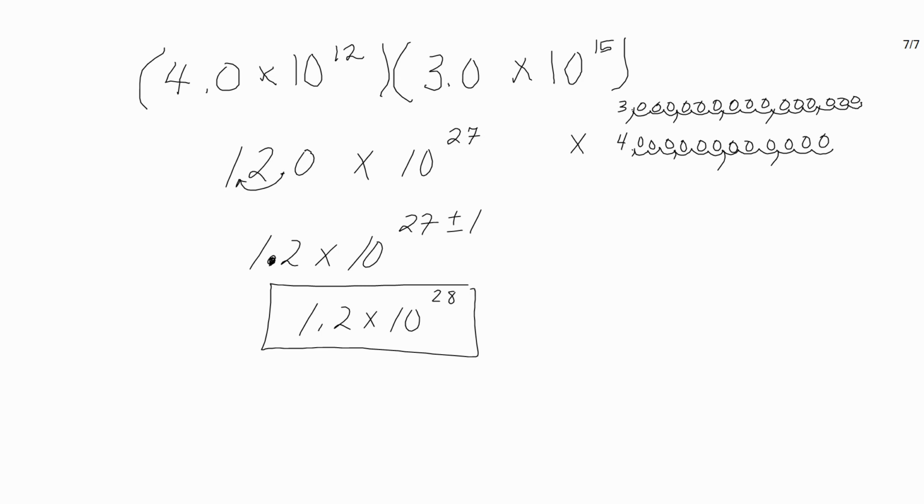Basically, y'all multiply 3 zillion times 4 trillion in your head, and you got, we're not even going to ask what 28 is, but that's 1.2 and then 28 places: 1, 2, 3, and so on up to 28.